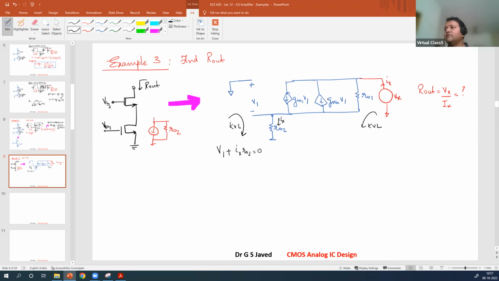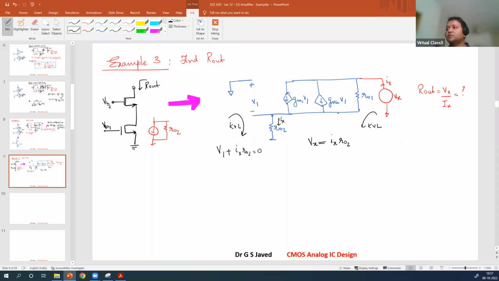Now apply KVL on the other loop. This Ix will now get divided into 3 currents here. So apply KCL at this node, or apply the KVL. If you apply the KVL, start with Vx, then the sum of these two currents, Ix RO2.